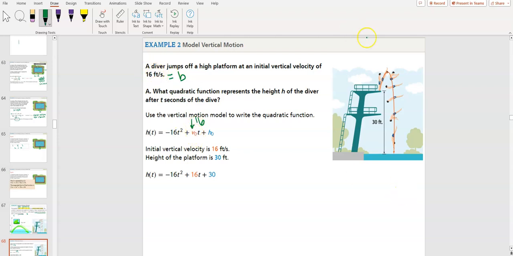And then if I go to the diagram, it tells me my C, which is 30. So now I know that C, or h0, is 30 feet. Therefore my function fully written out is h(t) = -16t² + 16t + 30. And we're going to use this to solve a problem.